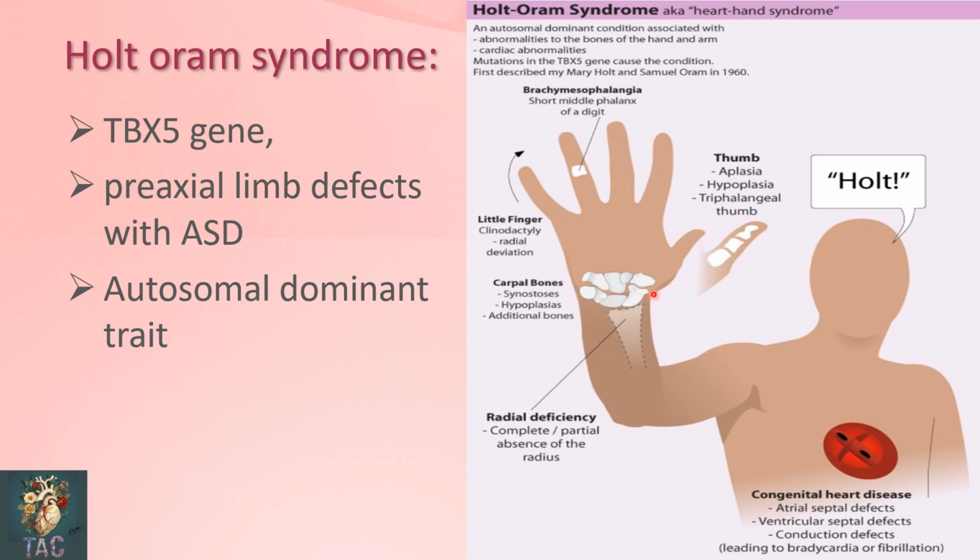There may be synostosis of the carpal bones as well, and either complete or partial absence of the radial bone. In addition to this there will be the atrial septal defect. There may also be ventricular septal defects. This Holt-Oram syndrome is one of the types of heart-hand syndrome, and it has a genetic origin. The TBX5 gene is involved, and it is an autosomal dominant disorder.